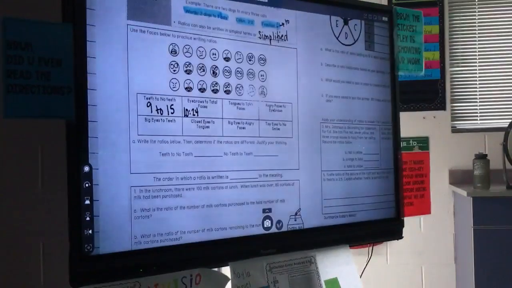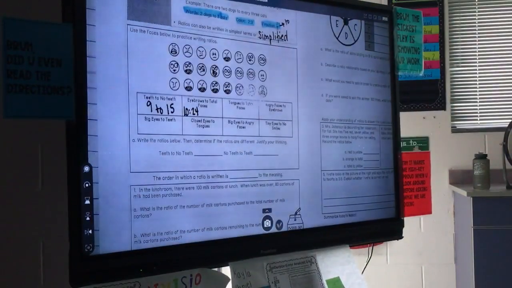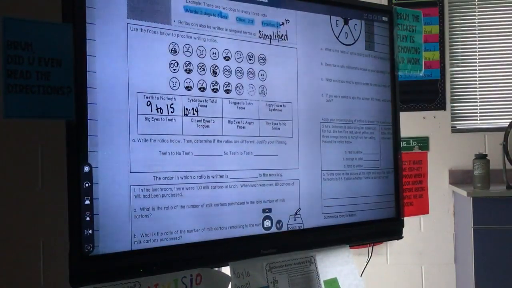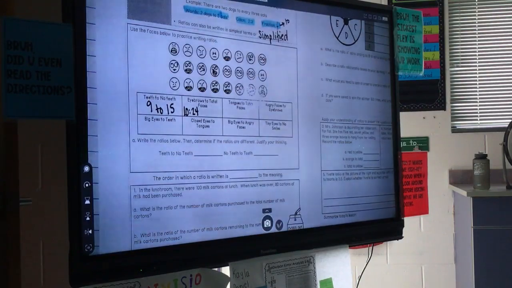This time we are going to simplify 10 and 24. So what number goes into both 10 and 24? Kaden? What number goes into 10 and 24?